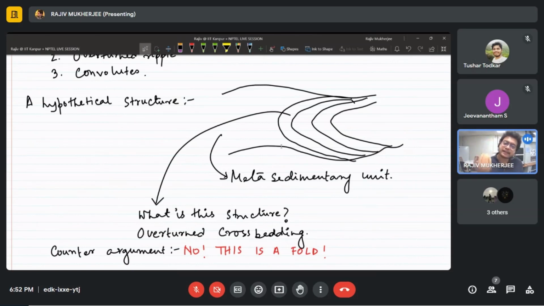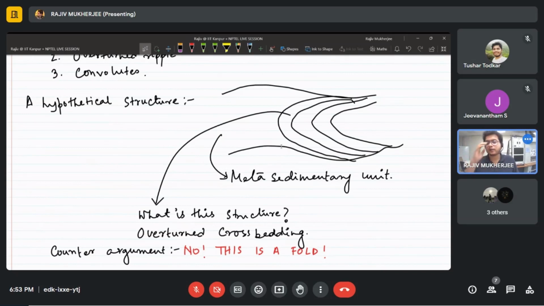If we find that there are no discrepancies in the layer deposited after or before that, and they all look the same, then it is a possible cause of tectonic deformation, because tectonic structures are homogeneous and they should be present in all the layers.